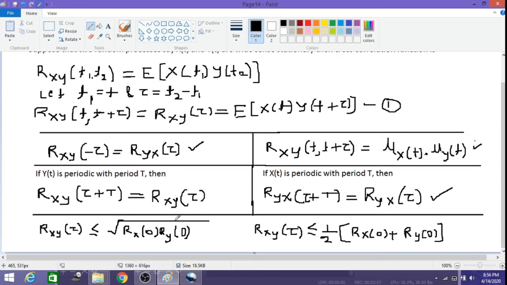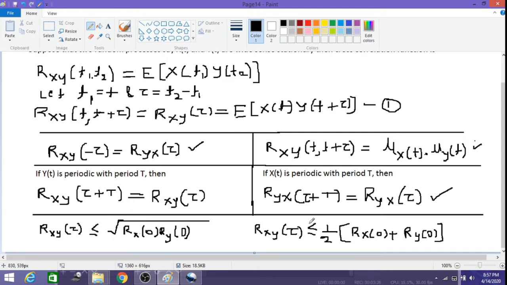And the one more property is that the cross correlation function, so this we will get from the bound. So this we have shown in the next clip here. So in the next screen you will see the proof of this. So right now just take this as rxy of tau is less than or equal to the square root of the correlation of x with correlation of y at tau equal to 0, that is square root of this.